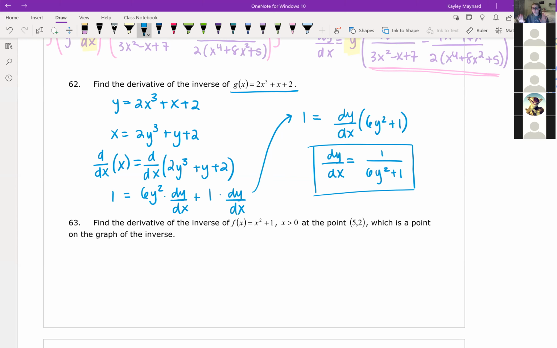An inverse goes from the range to the domain, so it does the opposite of what the original function does. So when you're doing the inverse, you can think of it as switching your x's and y's. That might make a little bit of sense, might not, that's okay. So that's your first step, and then you take the derivative, which you'll have to do implicitly, and then you're done.